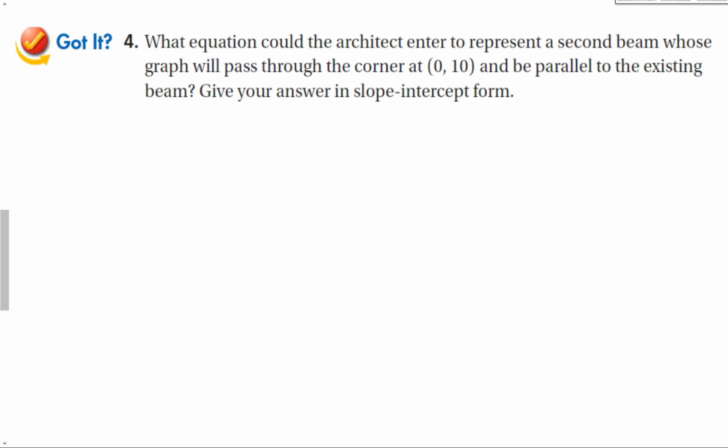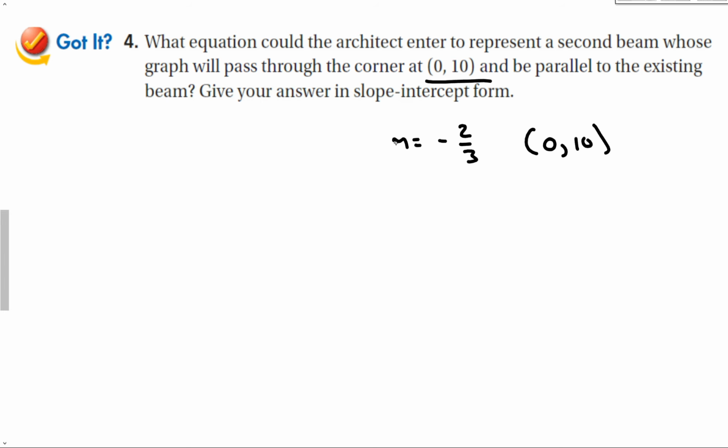What equation could the architect enter to represent a second beam whose graph will pass through this corner 0, 10 and be parallel to the existing beam? Okay, so my slope is going to be the same as the old beam, which was negative 2 over 3. And my point is going to be 0, 10.